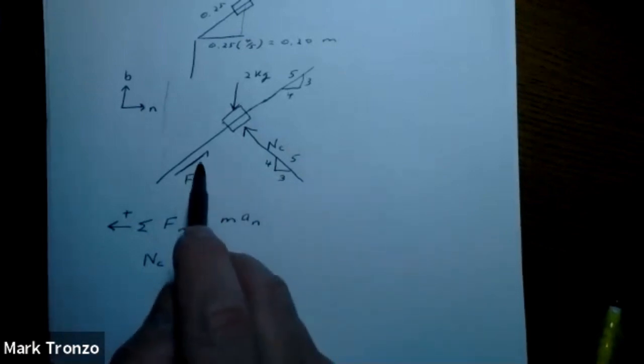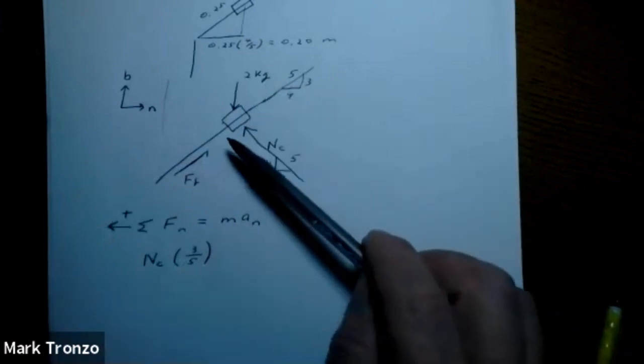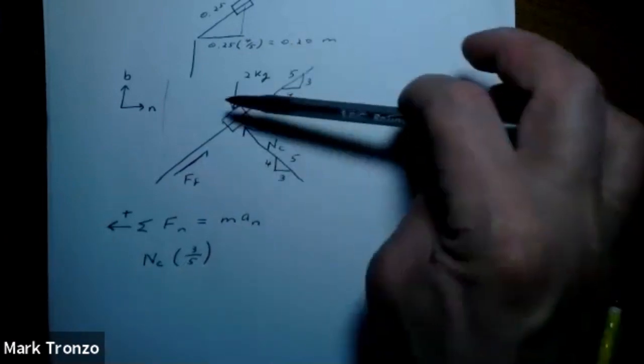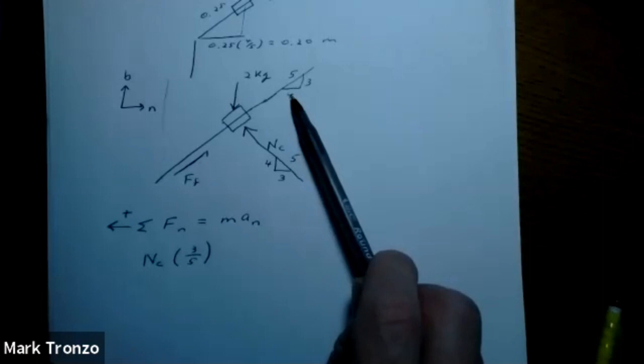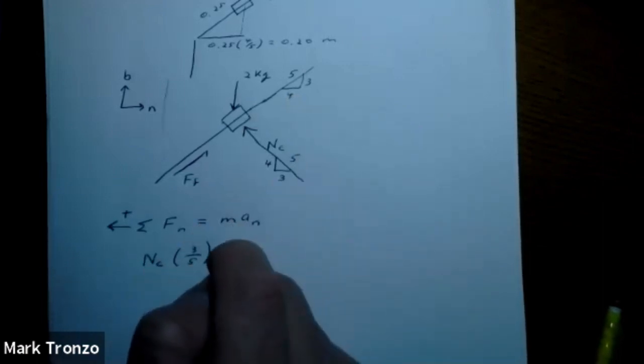And for our friction force, notice it's going this direction. To get its component in the normal direction, we'll have to use the 4 from this triangle up here. Like I said, this gets kind of messy.